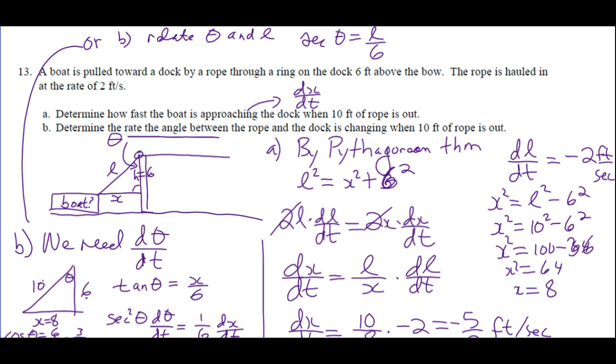The derivative of secant is sec theta tan theta, so you get secant theta tan theta d theta by dt is equal to 1/6 dL by dt.